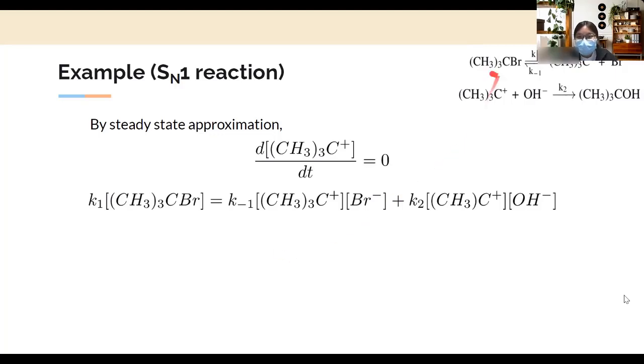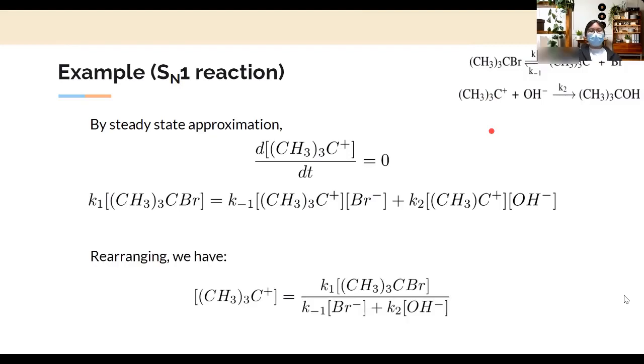It's the rate equation for the forward reaction of the first step. And then meanwhile, we can get the rate of removal of this carbocation intermediate, which would simply be the rate equation for the reverse reaction of the first step, added to the rate equation for the second step. And when we rearrange, we can get this equation that you see here.